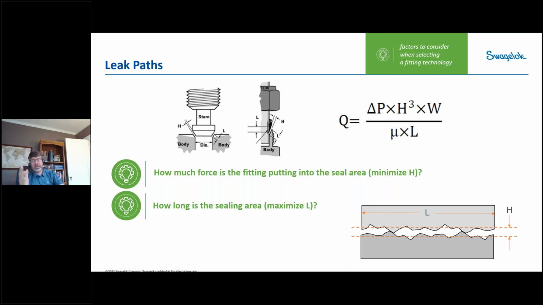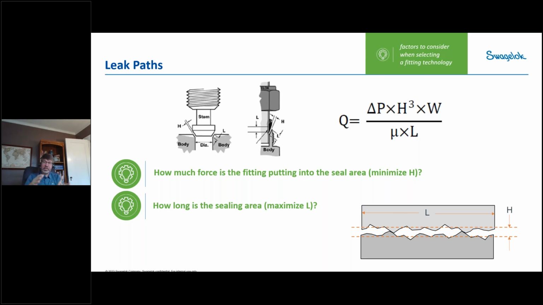And there's an equation that is used to determine what that leak could be, and we're not going to get into too many details with it, but the factors included in that equation are the differential pressure between the inside and the outside of the fitting. The height is a cubed function, and what that height is, I'm trying to show in those pictures, is the potential distance between the mating surfaces, and it's a little easier to see maybe on the bottom picture where I have my crudely drawn pieces.